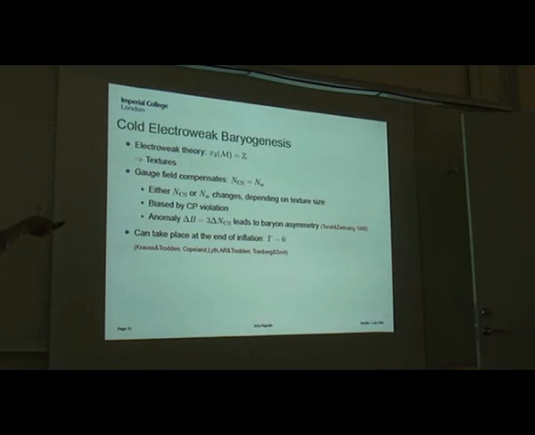The texture has some winding number, and when you compensate for that with the gauge field, it gets a Chern-Simons number. So in other words, the energy minimization locks the Chern-Simons number to this texture winding number. Yes, exactly. The Chern-Simons number of the gauge field has to be equal to the winding number.